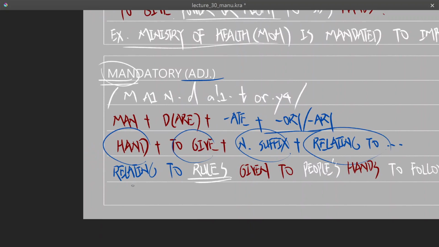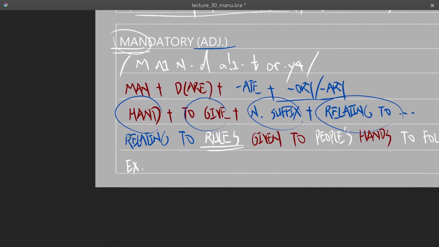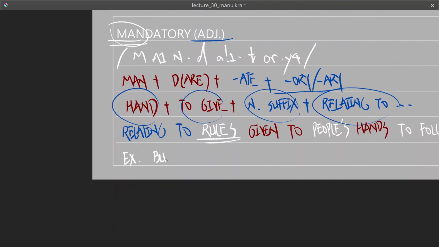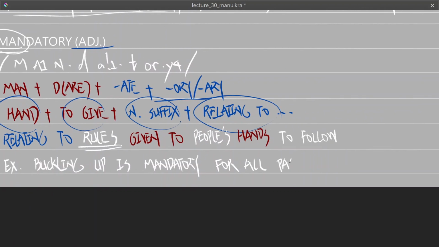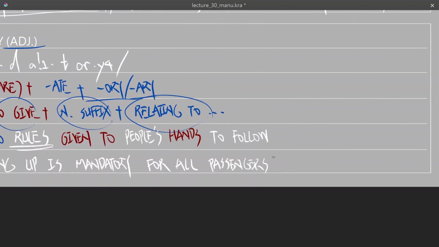Alright, so for example, let's say, buckling up is mandatory for all passengers and drivers, of course.